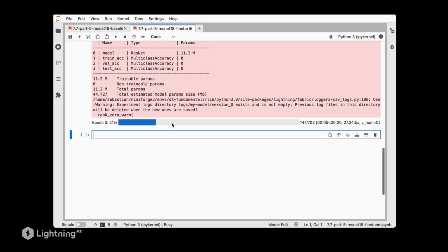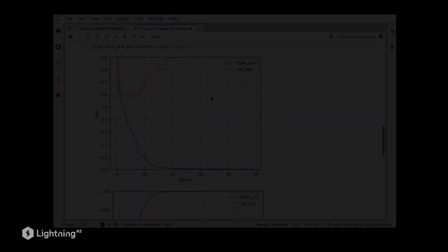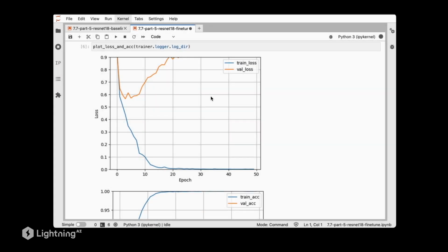Again, this would take a bit because we are training for 50 epochs to make it fair compared to the baseline, which was also trained for 50 epochs. So I'm skipping ahead again, because it took quite some time to finish the training.